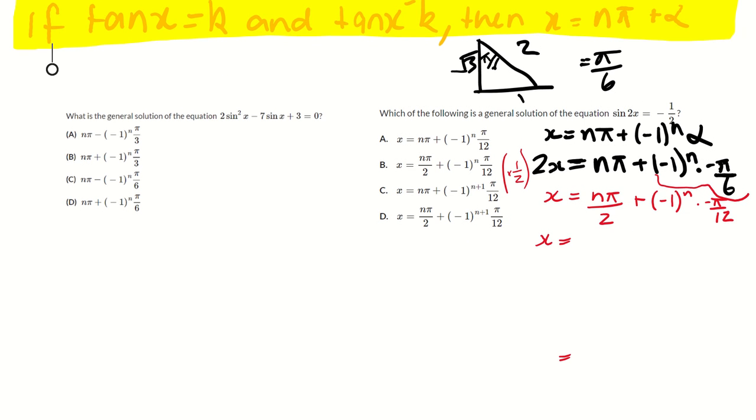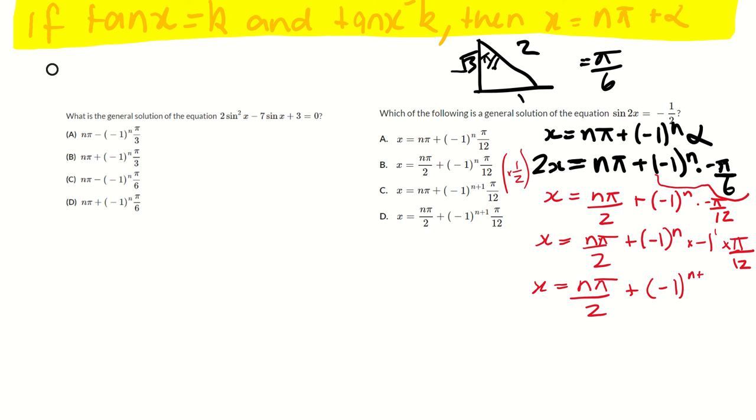That's really the same thing as timesing by negative 1, which is the power of 1, timesing by pi on 12. So now I have the same term. When I'm timesing two terms together, I add my indices. So that's going to give me the final answer of negative 1 to the power of n plus 1, times pi on 12. And there's my answer, D.